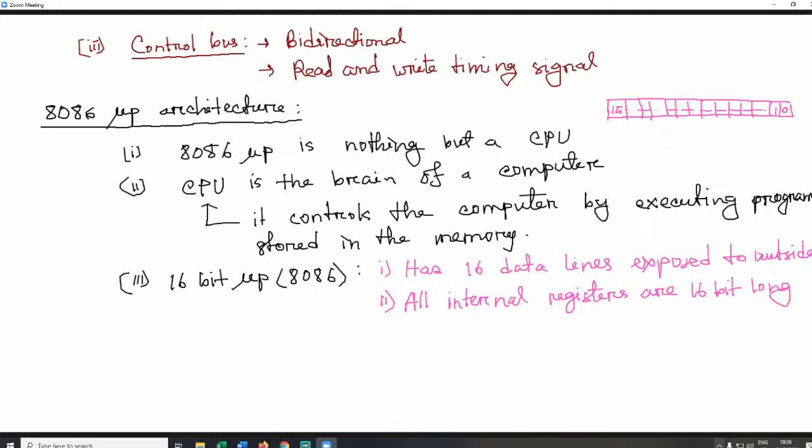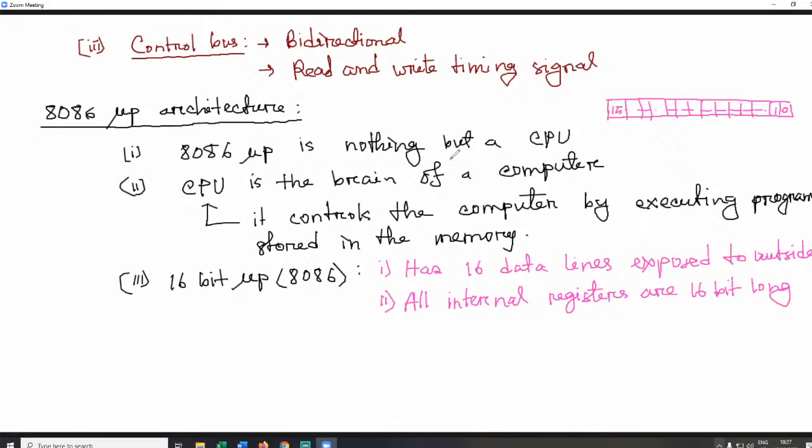Can you say how many registers the 8086 processor has? Aslam Mondal, how many registers does the 8086 processor have? Cannot hear you. Ahmedullah, how many registers are there in 8086?